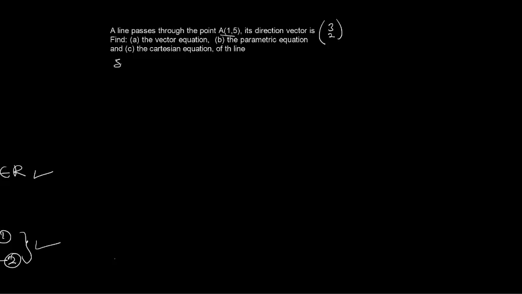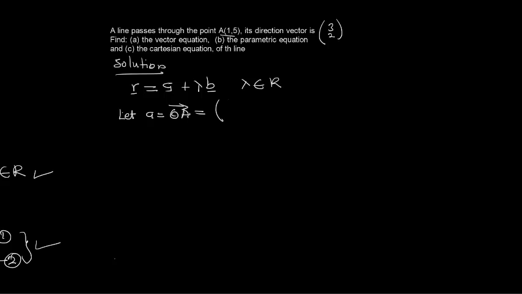Now, to solve this, the vector equation of a line, as we have derived, is r equals a plus lambda b, these are vectors, where lambda is in R. Let a be equal to OA, so that we can write the position vector as (1, 5), and b is equal to (3, 2).